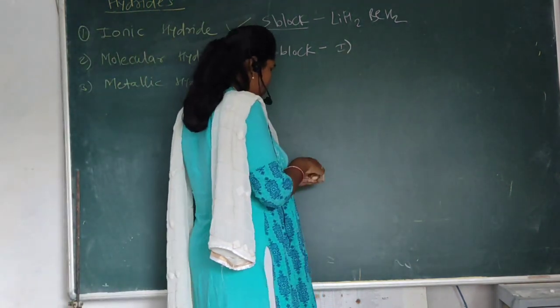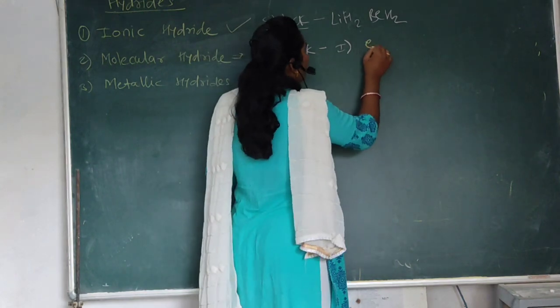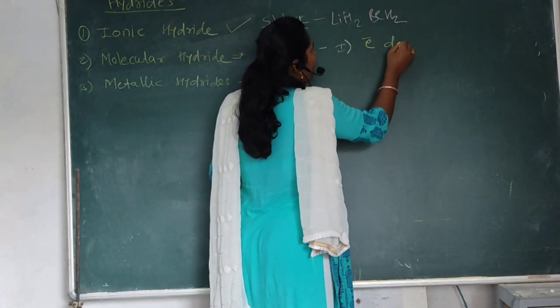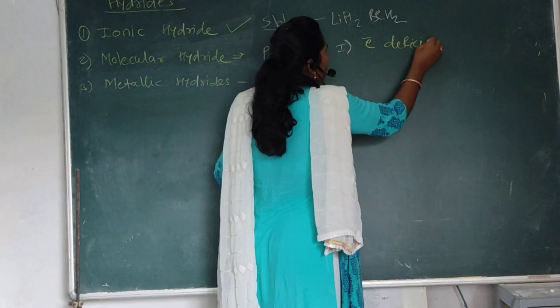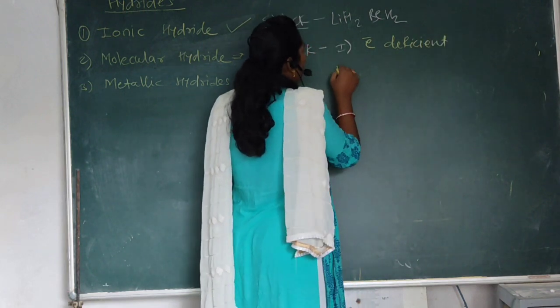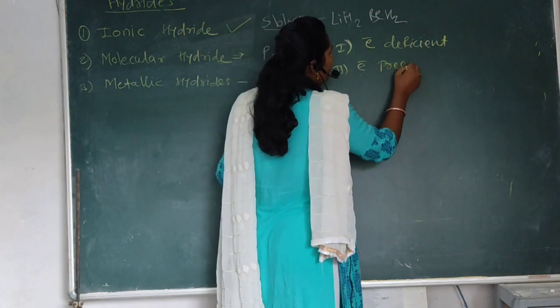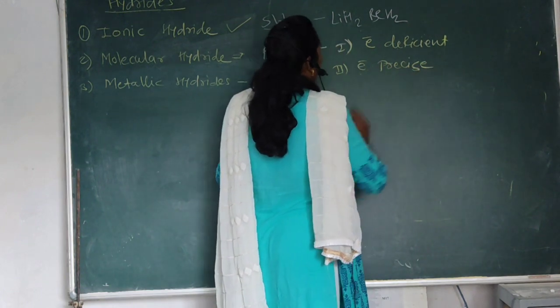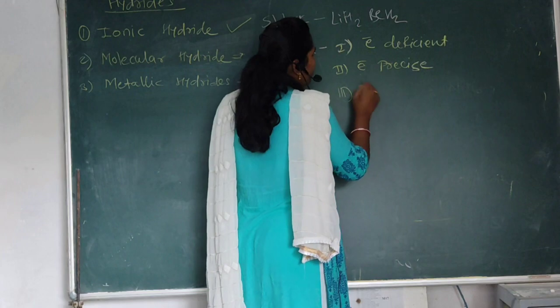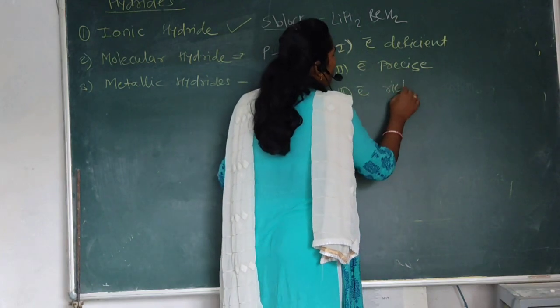First, electron deficient hydride. Second, electron precise hydride. And the third one, electron rich hydrides.